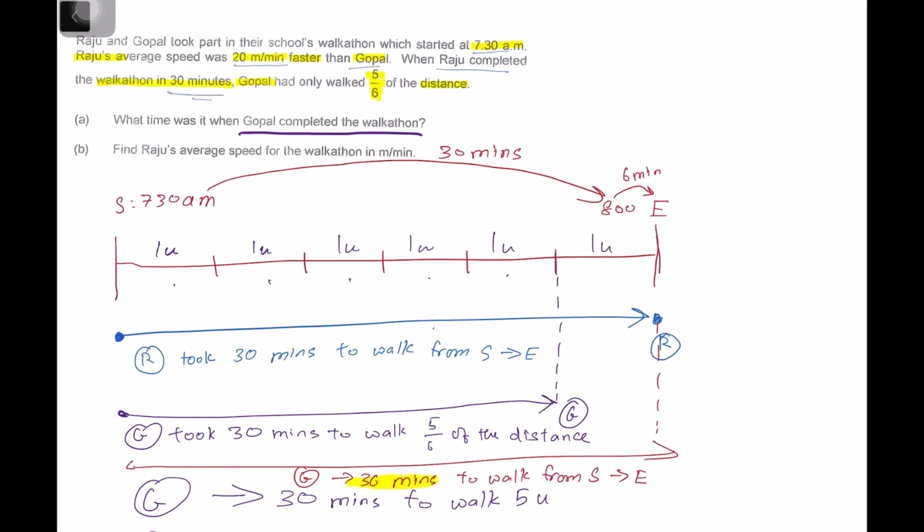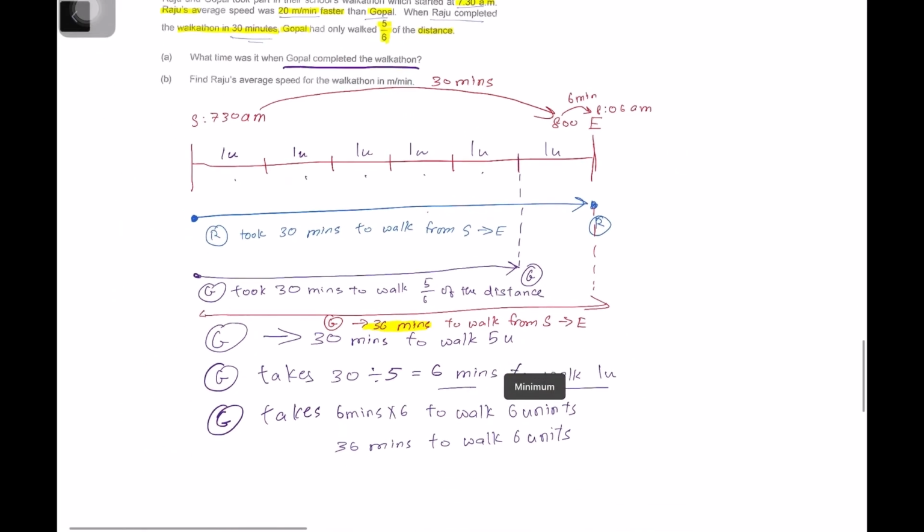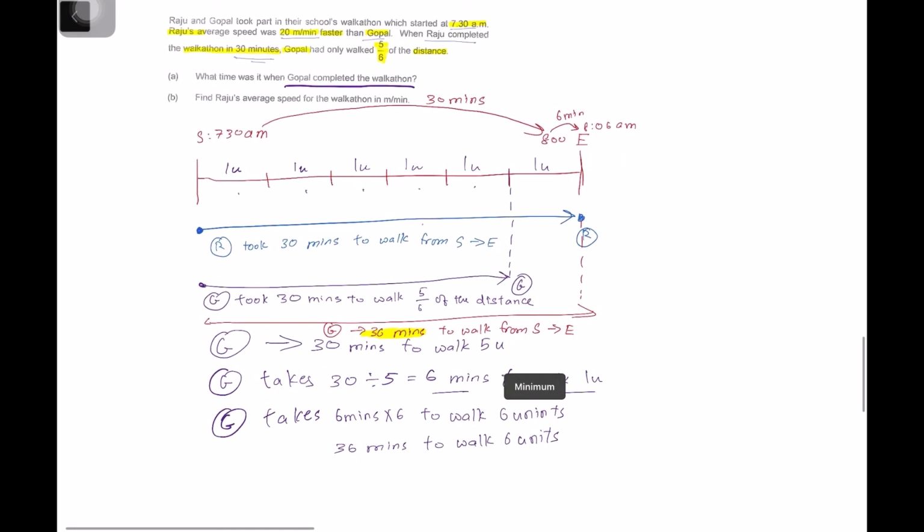So then when we add 6 minutes, we get 8:06 a.m. This means that Gopal will complete the walkathon at 8:06 a.m.